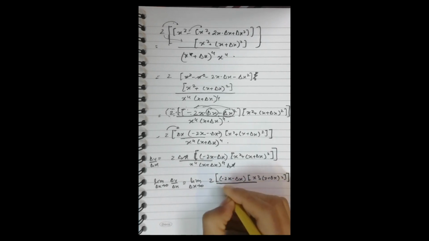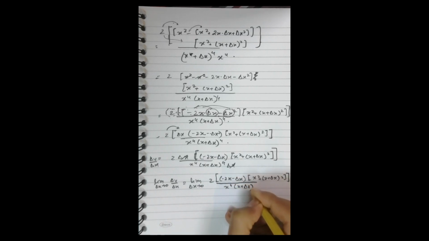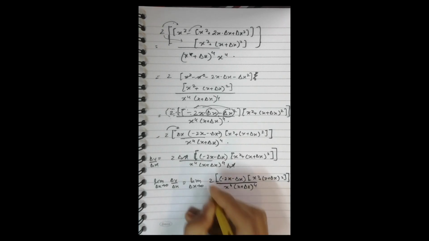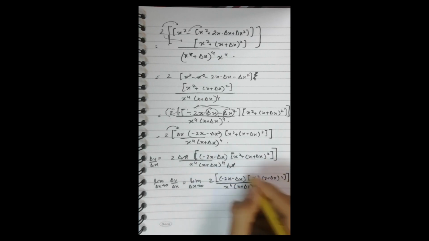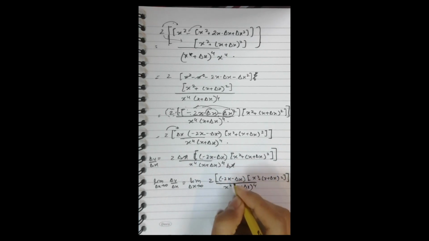And remember why I'm focusing too much on these brackets, because these are going to help you solve this question. If you are not going to put the brackets, they are going to cause trouble for you. Okay, so wherever there's a delta x in this thing, we have to put a 0 over there. Okay, that is what limit actually means.